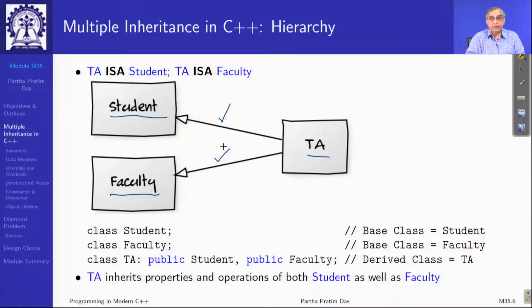A teaching assistant occasionally may even deliver a few special lectures. So, when we have to model this, we have a base class student, a base class faculty, and when we show this inheritance, we will have to put both these base classes on the inheritance line. So, public student and public faculty, the derived class will inherit from both of them. That is the basic idea of multiple inheritance.